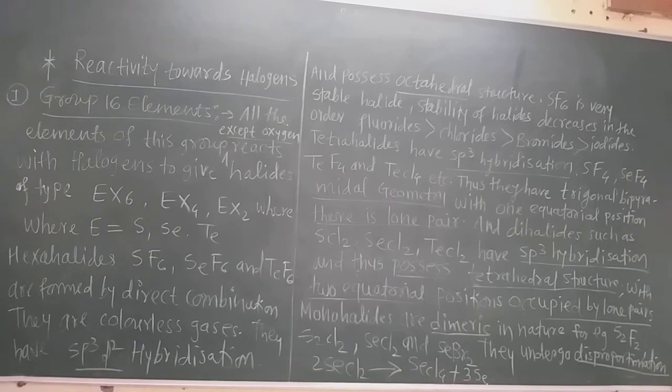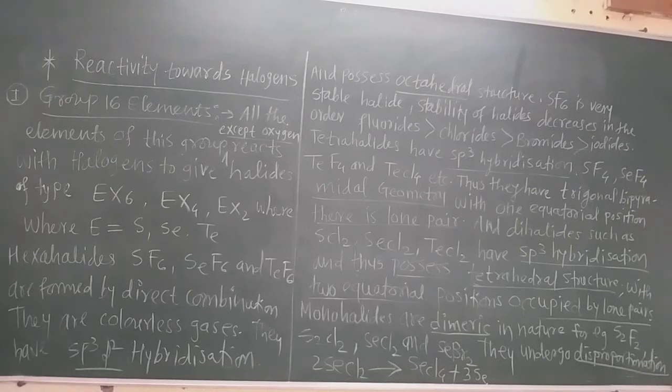Oxygen also reacts, but elements such as sulfur, selenium, tellurium form halides such as EX6. Here E means the group 16 elements and X means halogen.